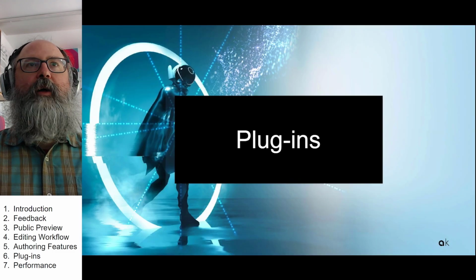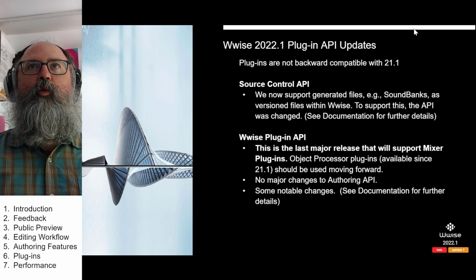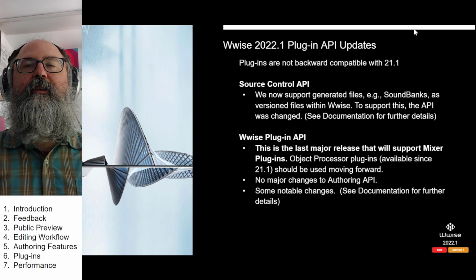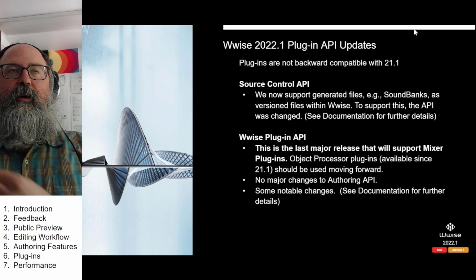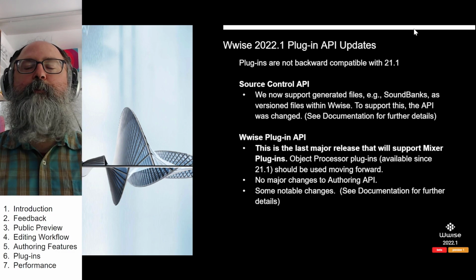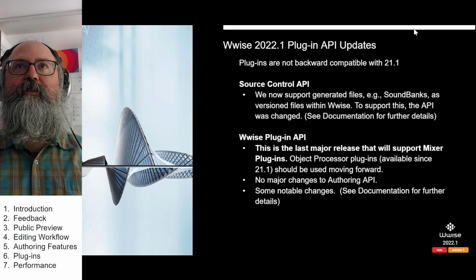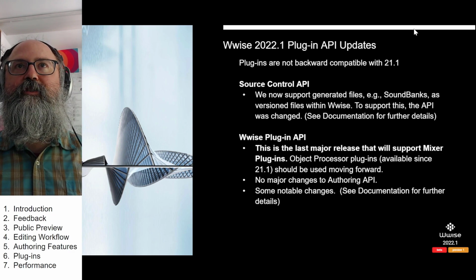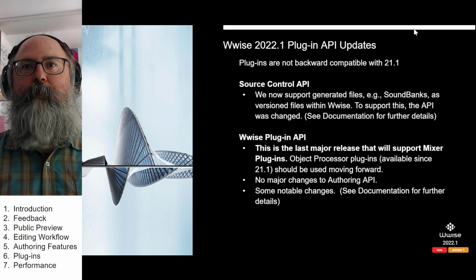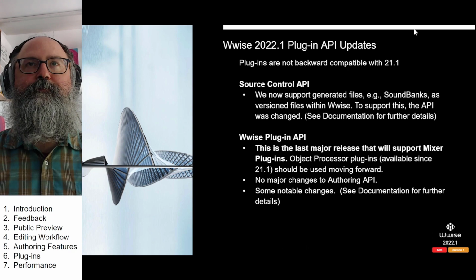So let's talk about plugins. In Wwise 22.1, we've got a plugin API update. From 22.1 moving forward, plugins will not be backwards compatible. The source control API has now gained support for generated files, and we'll talk a little bit more about why that's falling in place.